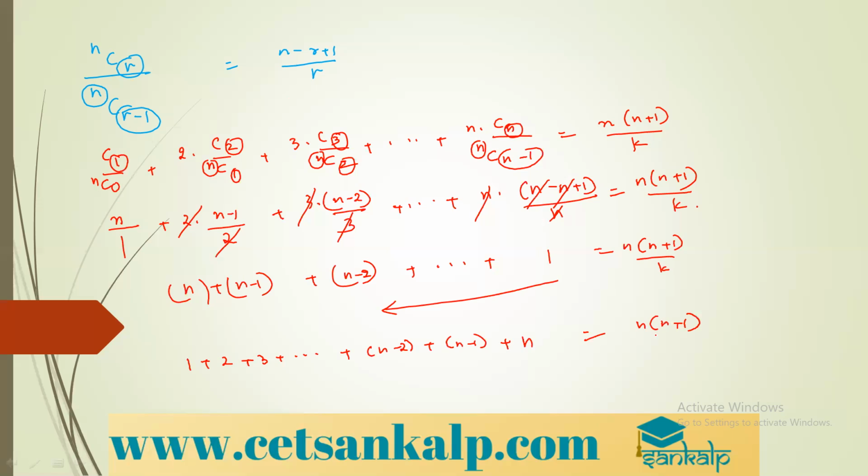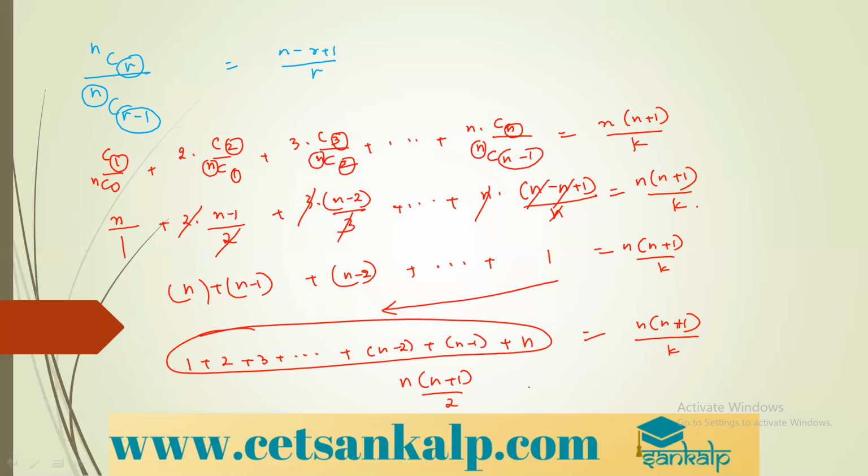Right side I will write the same. So this is the sum of first n natural numbers. The formula is n(n+1)/2. The other side I have n(n+1)/k already given in the question. So when I compare, k's value is 2, which they are asking for.